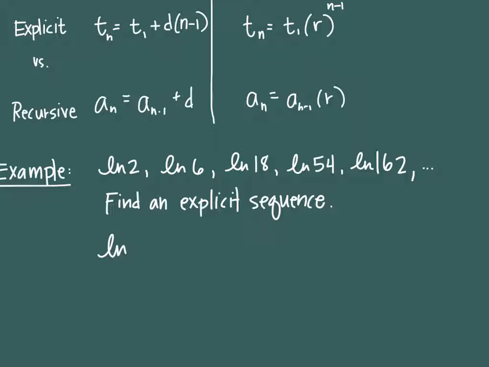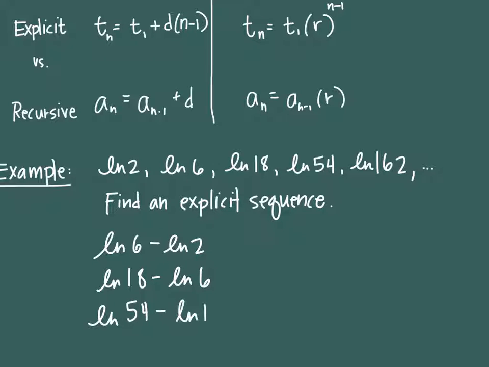Okay, so what is the difference between these? Okay, so he's saying we've got to figure out the difference. So he's saying, okay, the natural log of 6 minus the natural log of 2, the natural log of 18 minus the natural log of 6, the natural log of 54 minus the natural log of 18. So how far apart are they?